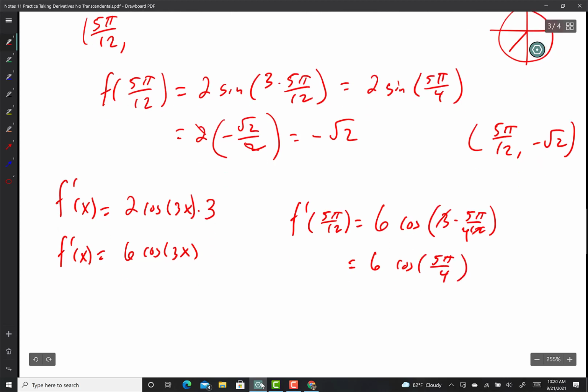I feel like they're kind of being nice to us on this one, because 5 pi over 4 is the same value for cosine and sine. So 6 times a negative square root of 2 over 2. 2 goes into 6 3 times, so negative 3 square root of 2.